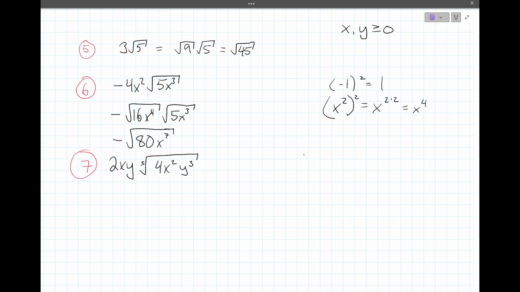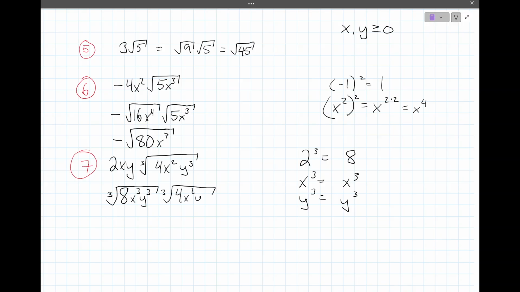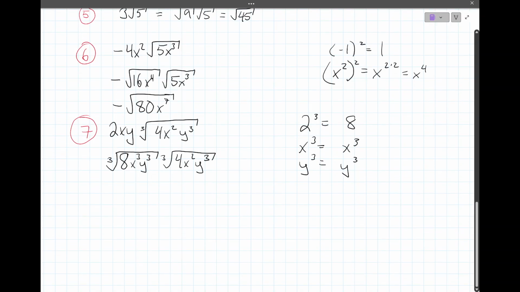So 2 cubed is 8, x cubed is x cubed, and y cubed is y cubed. And this is all going to live together under a new cube root. This will be 8x cubed, y cubed, and this will be cube root 4x squared, y cubed. So what's going to happen, I have everything under a cube root.